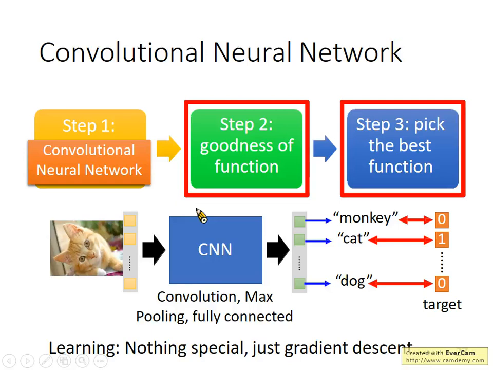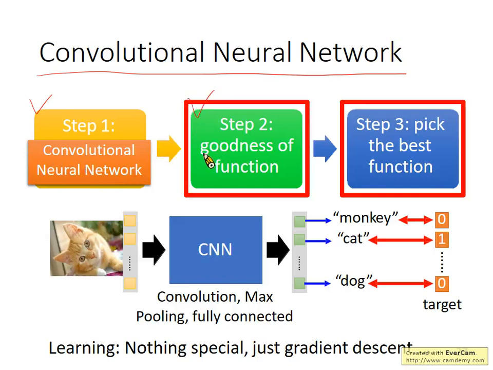Now we have already introduced the structure of the convolutional neural network, so let's recap the general idea of constructing a deep learning framework. Step 1 is to define the network structure, and we have finished this part for the convolutional neural network.